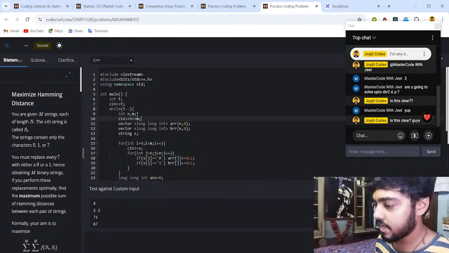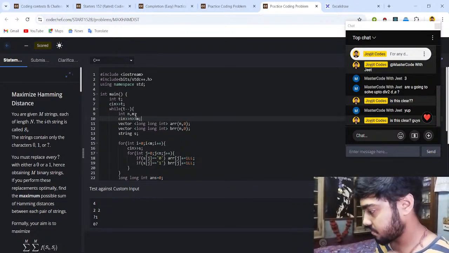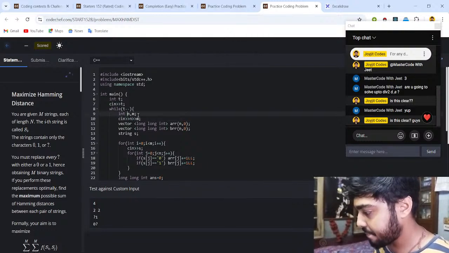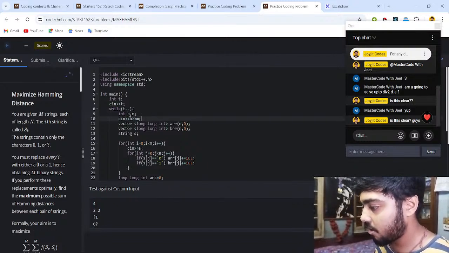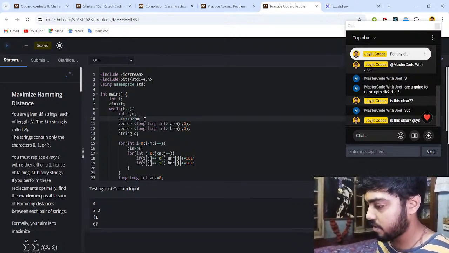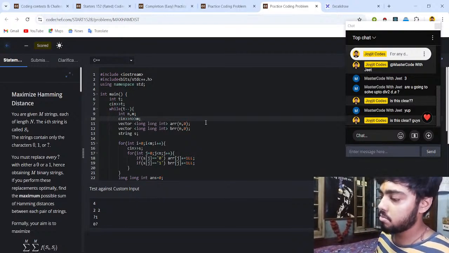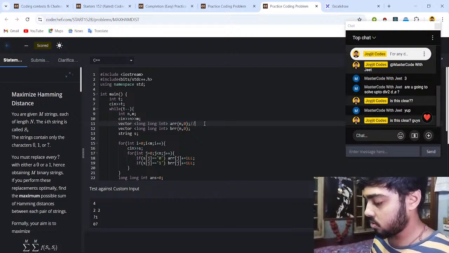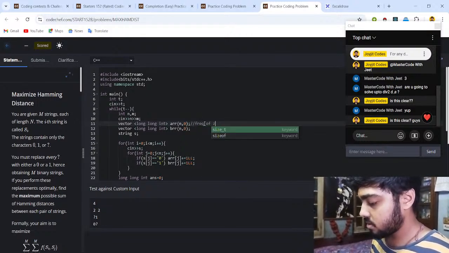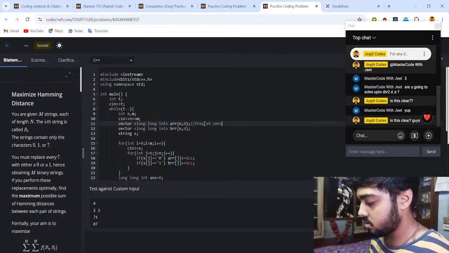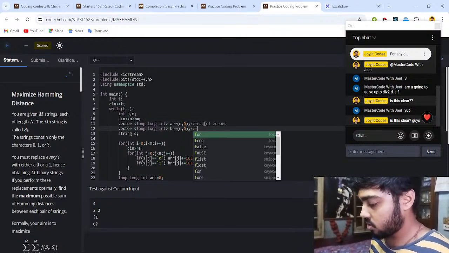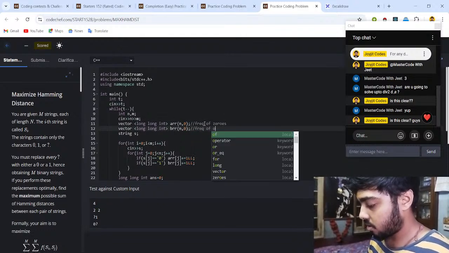So what I'm doing is basically taking the inputs n comma m. N is the length of the string for every specific string, and m is the number of strings. For every string, since it is going to be zeros and ones, this is going to store the frequency of zeros, and this is going to store the frequency of ones.